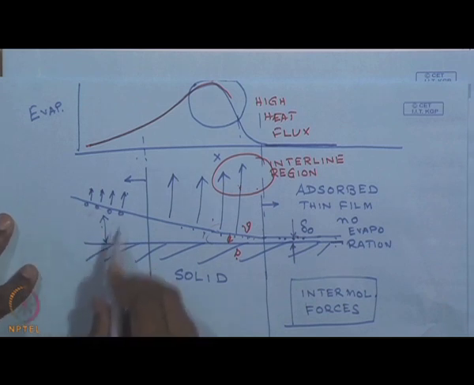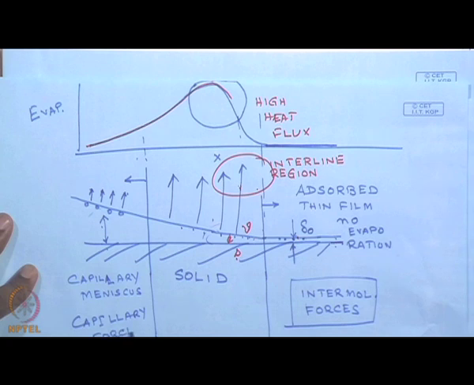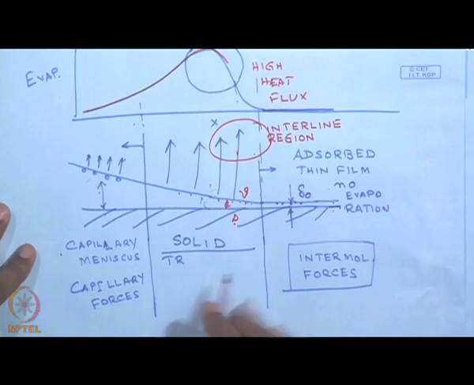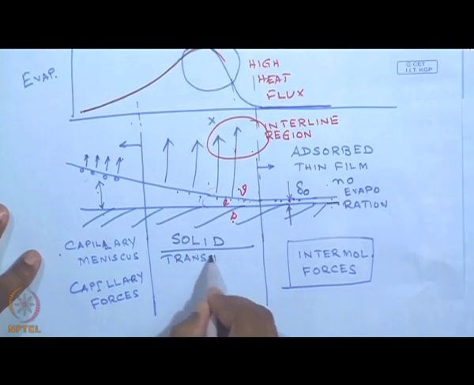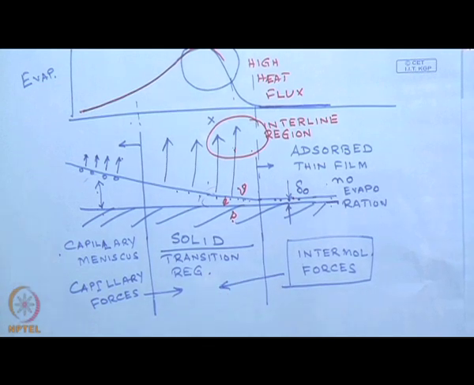In the case of the thicker part, which is known as the capillary meniscus, it is the capillary forces which are going to be important, and in the zone in between the capillary meniscus and the adsorbed thin film, this is known as the transition film or transition region, and in the transition region both capillary force and intermolecular force are going to be important.